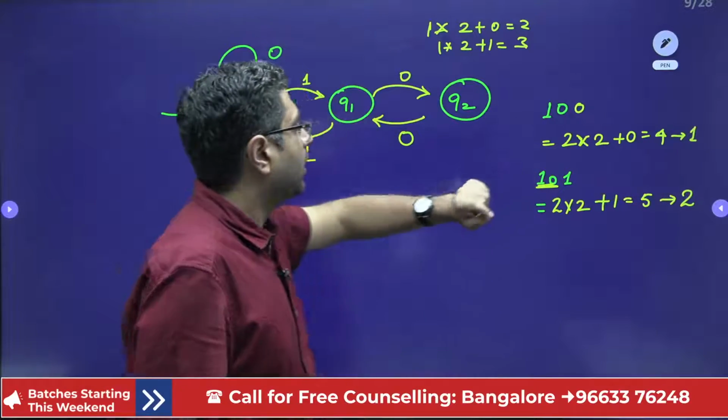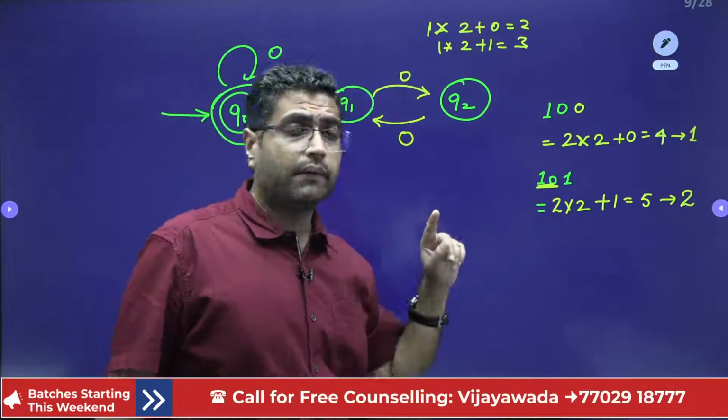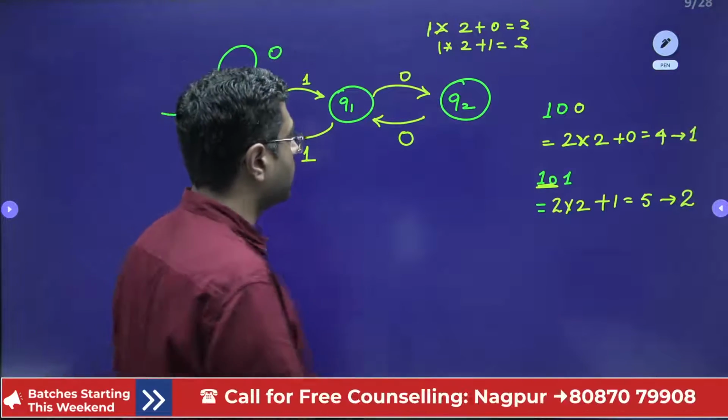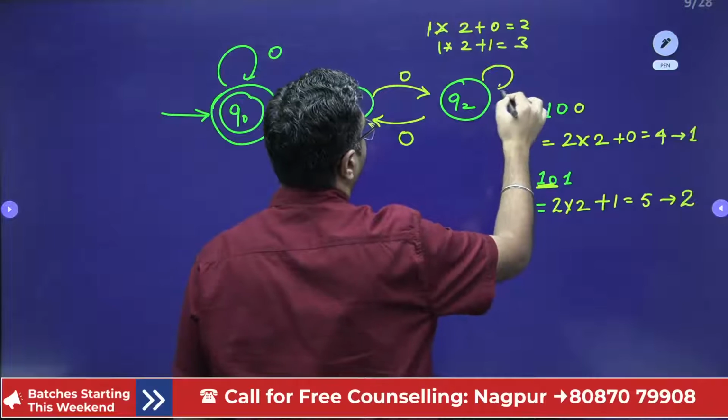Now 1 0 1 is basically nothing but 5: 2 into 2, 4 plus 1 is 5. 5 is giving you the remainder of 2, so you will remain over here itself.